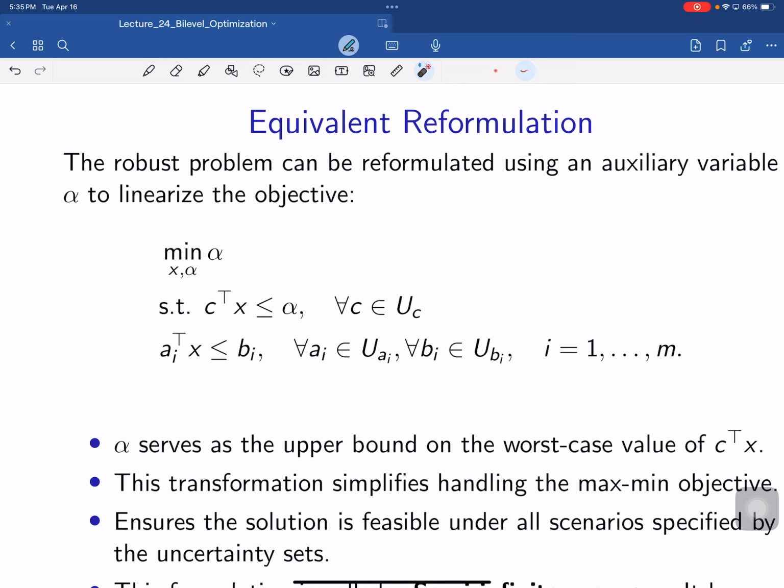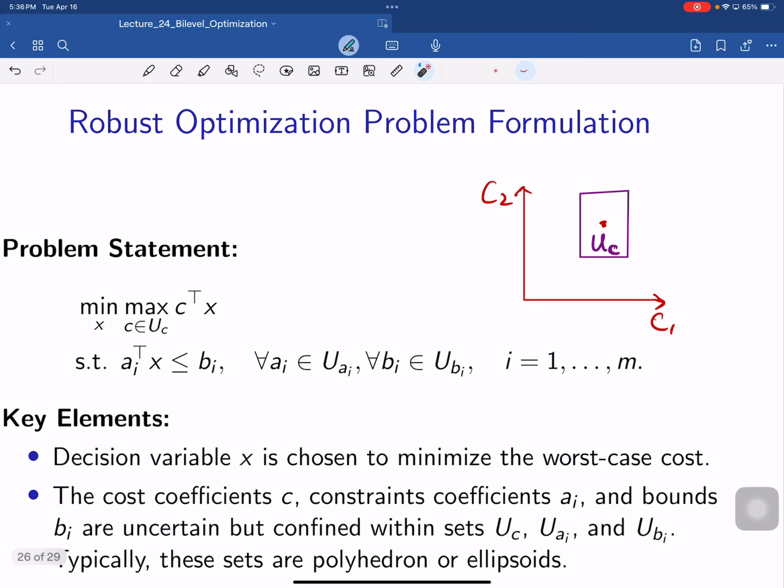Right? Because the only difference with respect to the regular optimization problem is that those constraints are defined on a continuous set. Right? So this U_C can be a hyperrectangle. So you have an infinite number of constraints here in this problem, because the c in the previous slide is defined on this continuous set, right?